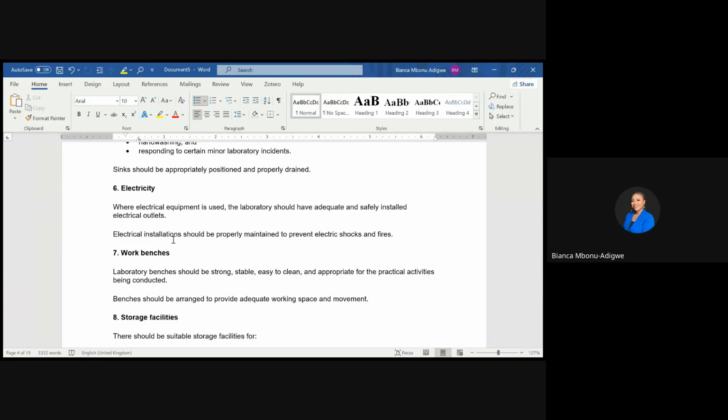Not a lab where you enter and you see wires everywhere. Electricity should be adequately and safely installed, and properly maintained too. You can install safely and not maintain properly, and one day you will touch something and it's going to electrocute somebody or cause fires.